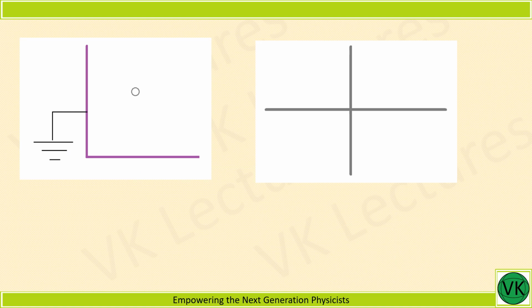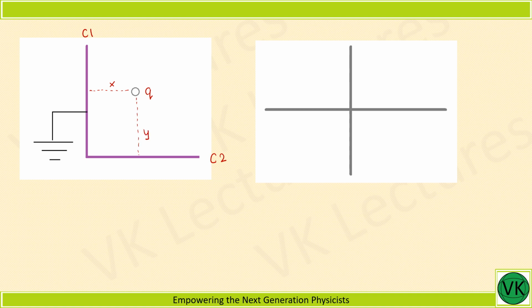Now let's consider a different scenario where you have two conductors, C1 and C2, both connected to the ground. We have a charge q at a distance x from conductor 1 and at a distance y from conductor 2.